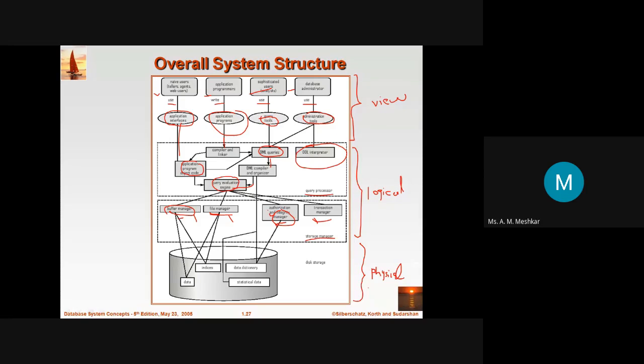Because if there is an Indian Railways data and the administrator doesn't know who is going to book which bus and which train and which passenger, okay, they don't know it. And every second the transactions are going on with that database.